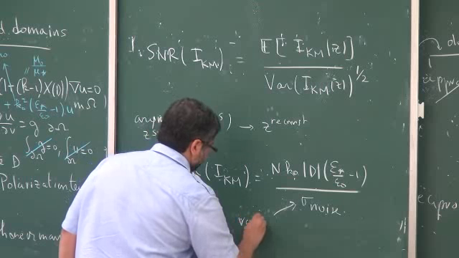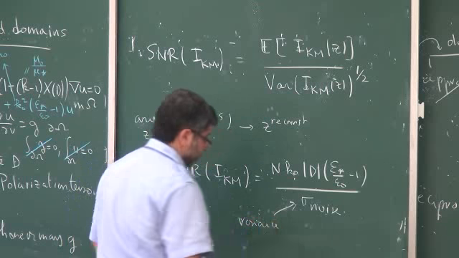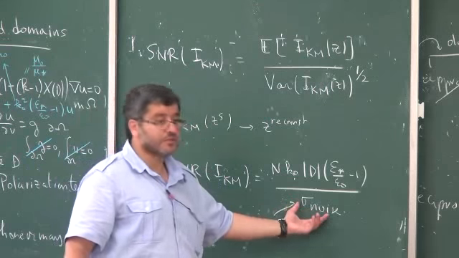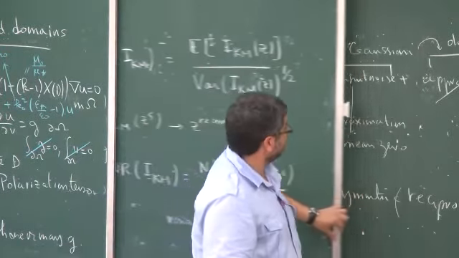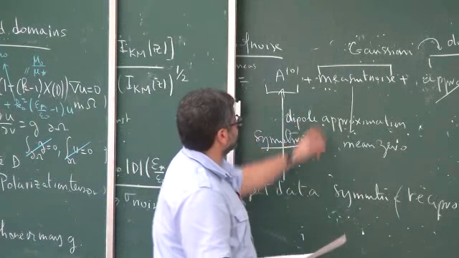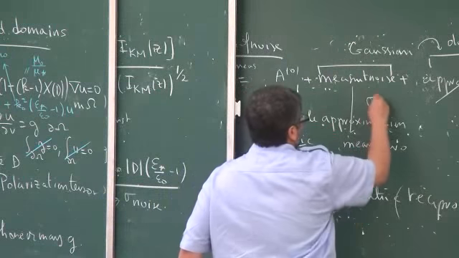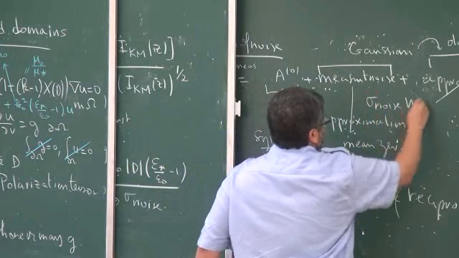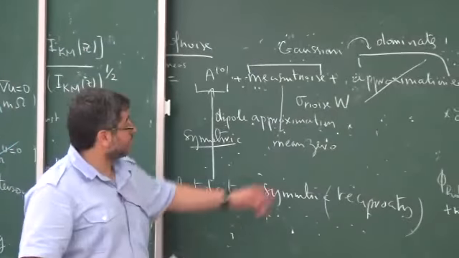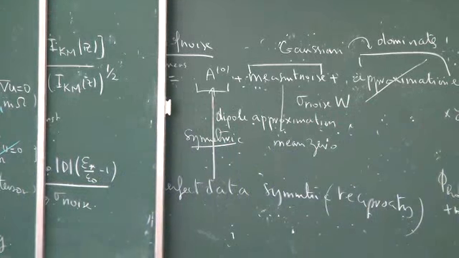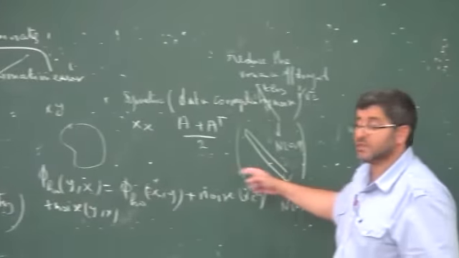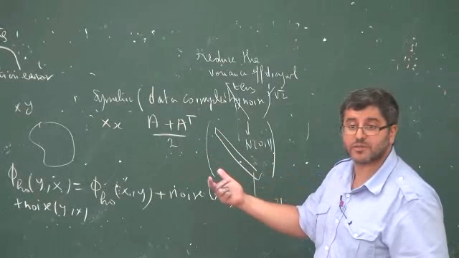This is the amplitude of your noise. So this noise is the sigma noise times W, where W has variance 1 here and variance 2 here. So sigma noise gives you the amplitude of the noise.